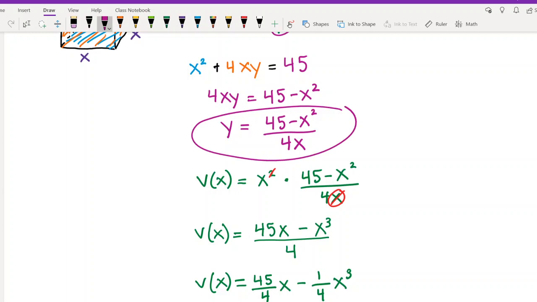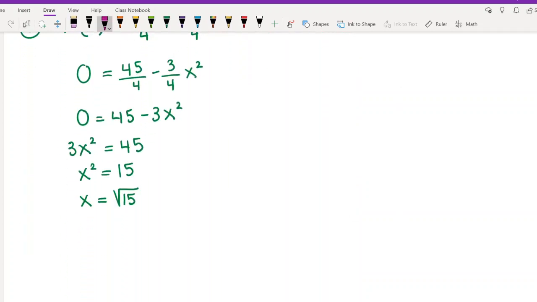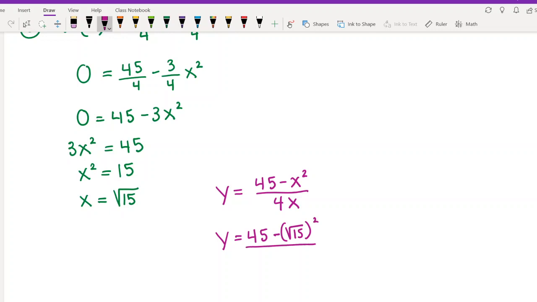So we can just put what we just found for x into that. So y was equal to (45 minus x squared) over 4x. And so that tells us that in this case, y is equal to (45 minus square root of 15 squared) over 4 times the square root of 15.